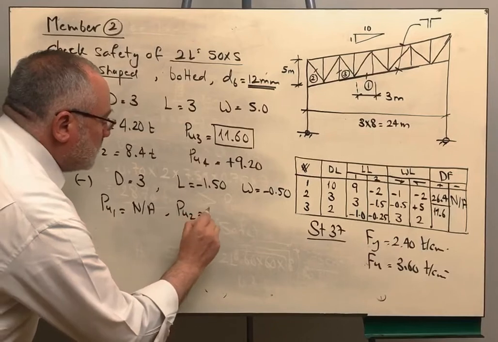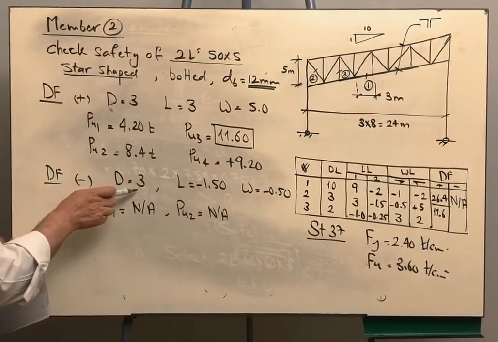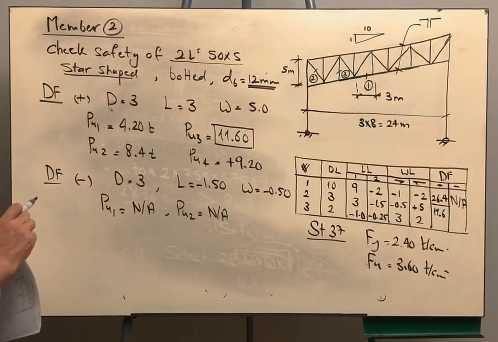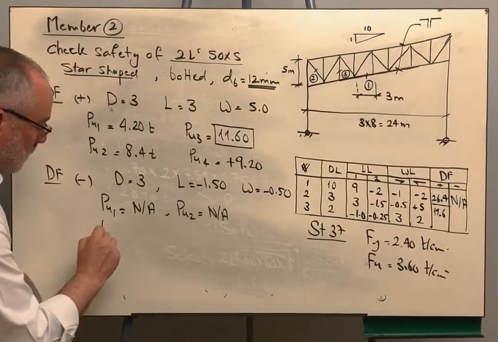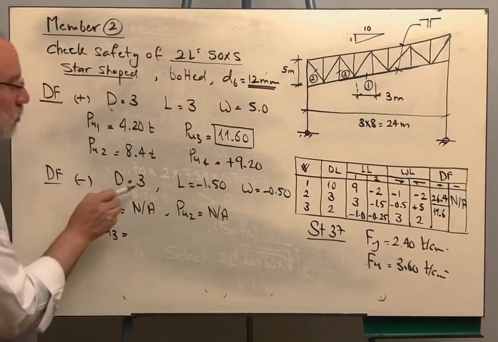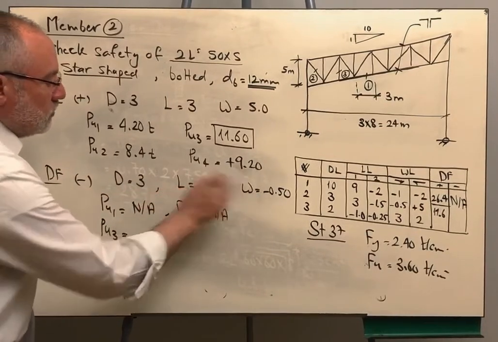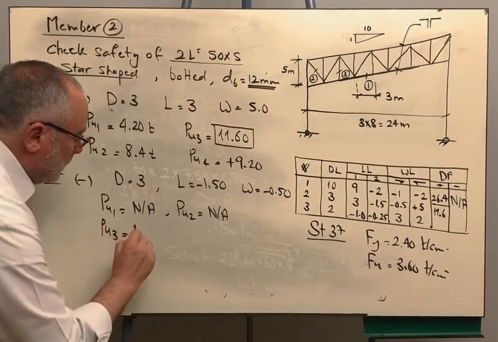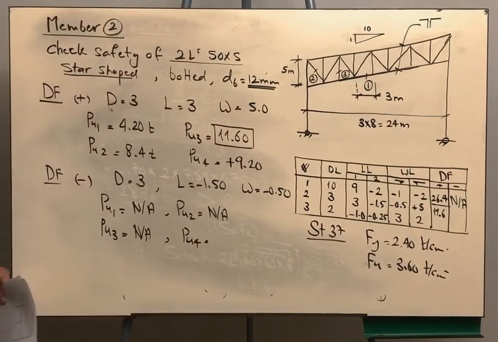The second one, the same. When you take 1.2 dead plus 1.6 live, you are going to get a positive design force, so this is not the one that you are searching for. And P ultimate 3 also, you are taking 1.2 dead plus 0.5 live load plus 1.3 wind. Again, it will be a positive design force, so it is not applicable.